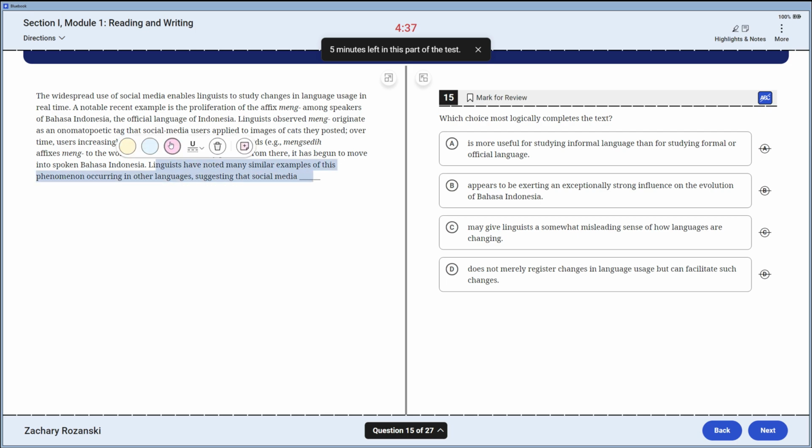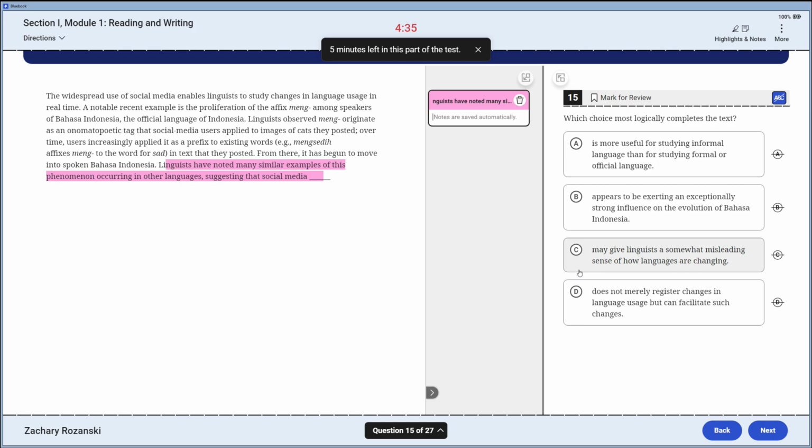Let's read this final sentence and go for it. We've got language nerds. Language nerds note similar examples in other languages, which suggests that social media does what?